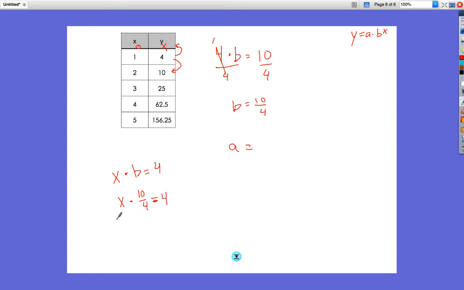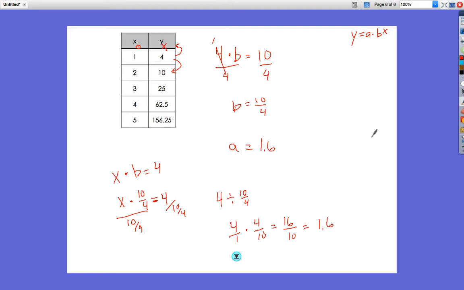In order to solve for this, you can either multiply by 4 and divide by 10, or we can just say, let's divide by 10 fourths. And if you remember, 4 divided by 10 fourths, we've got to flip this because we're dividing by a fraction. So 4 times 4 tenths, 16 tenths, 1.6 if you please.